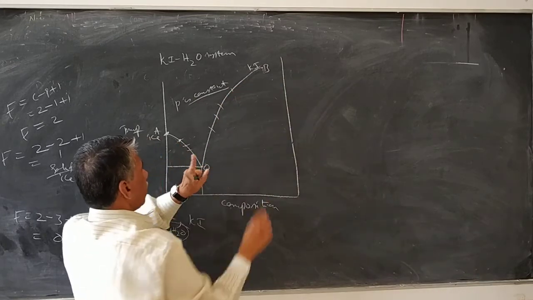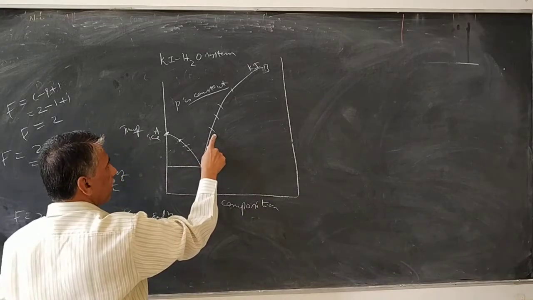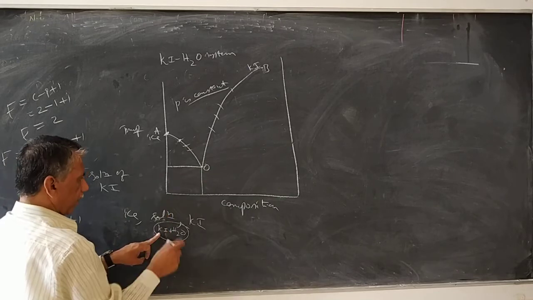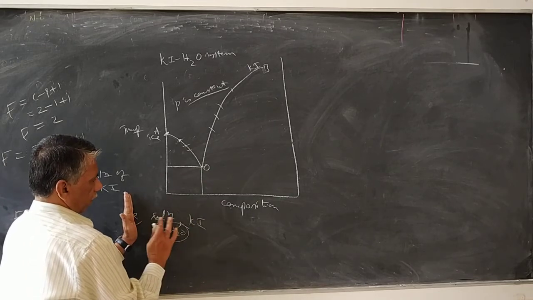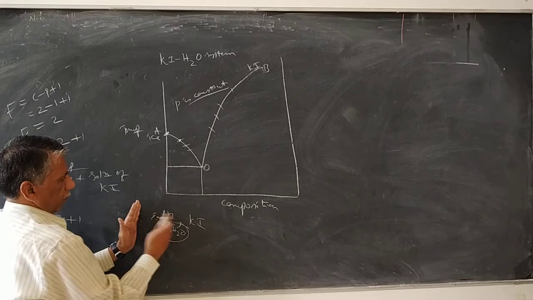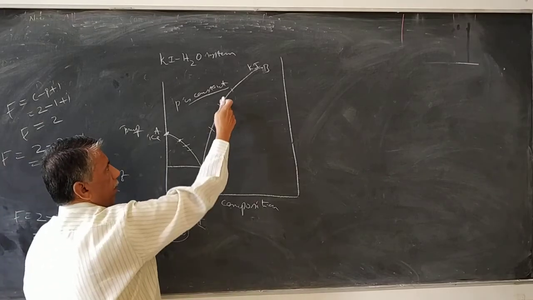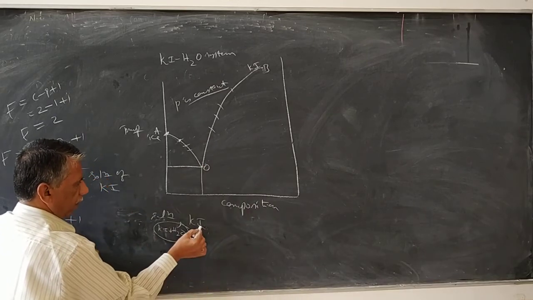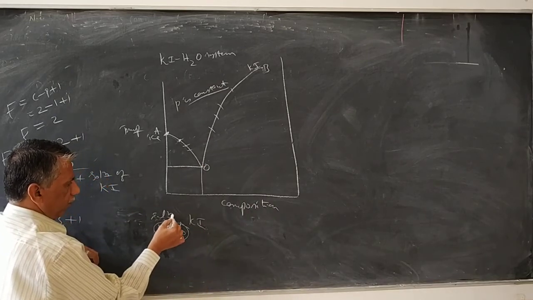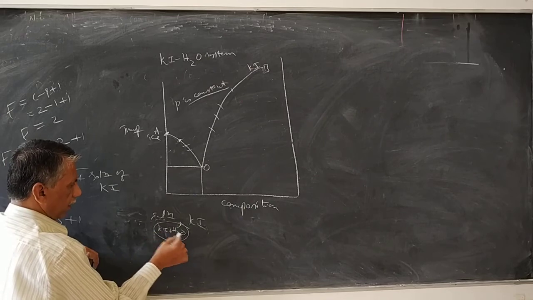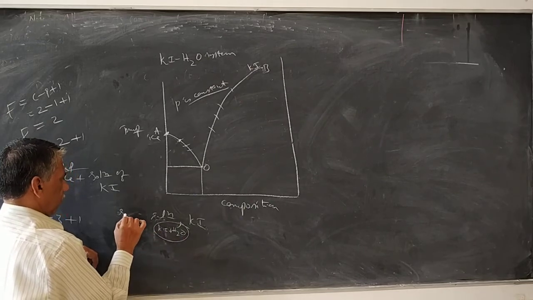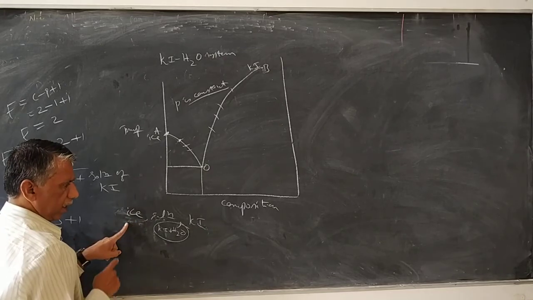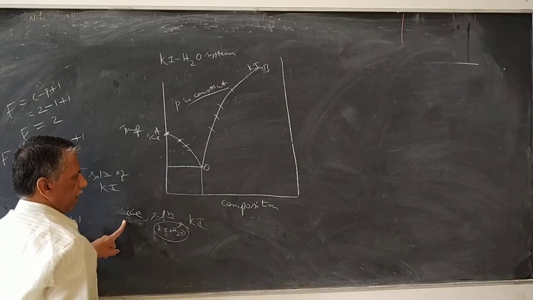Any point on this curve consists of the solution of potassium iodide in water plus solid potassium iodide. So these are the two phases on this curve. And again, if you come to this point, think again: solid potassium iodide, the solution of potassium iodide in water, plus ice, that is the solid water. So these are the three phases.